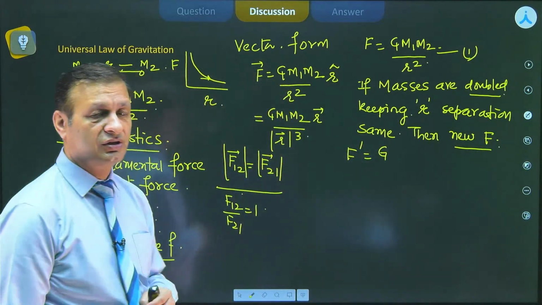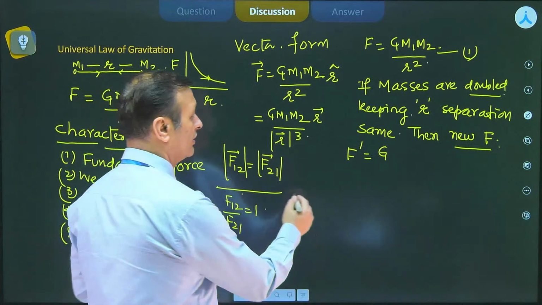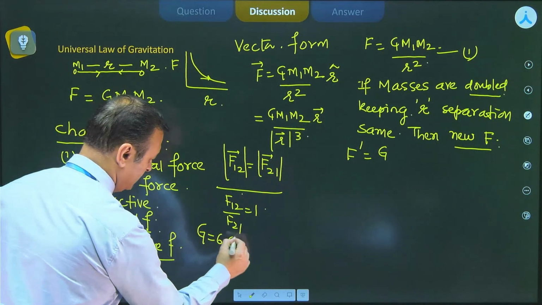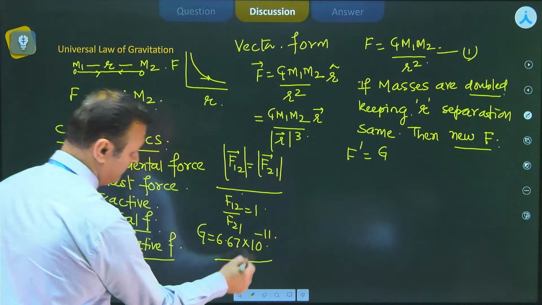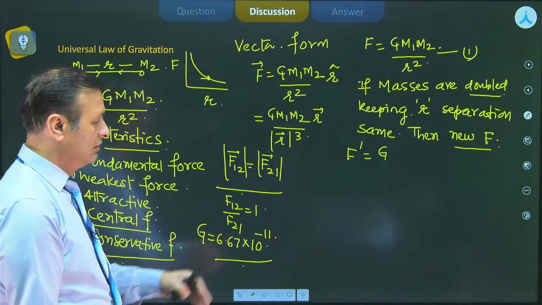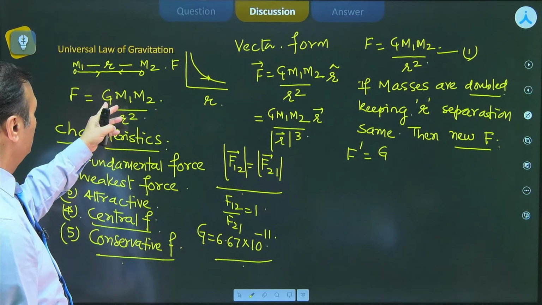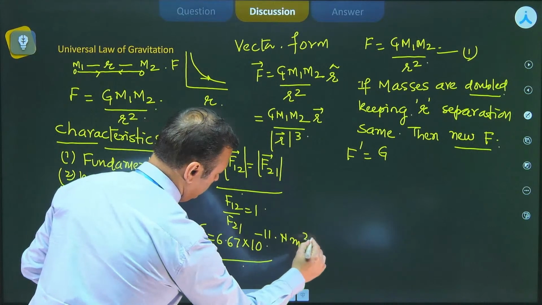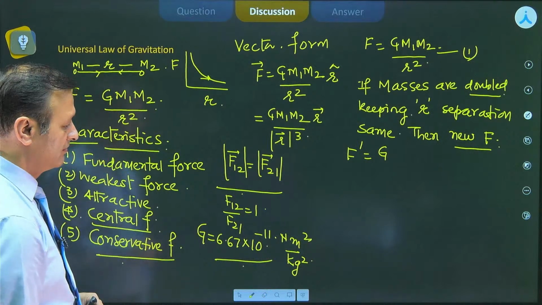G is the universal gravitational constant, and the value of this G is 6.67 into 10 raised to power minus 11. We'll comment on the units. The unit is Newton meter square per kg square.